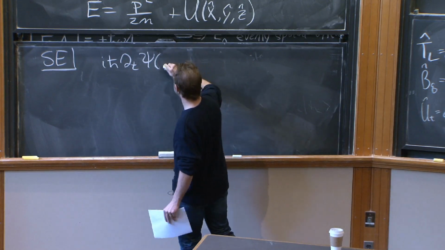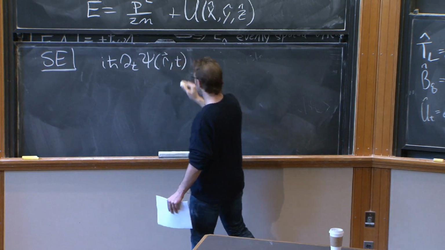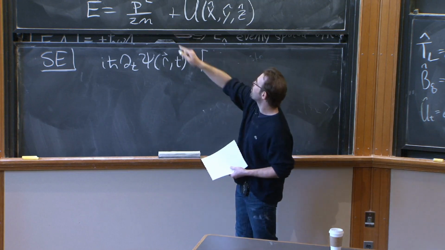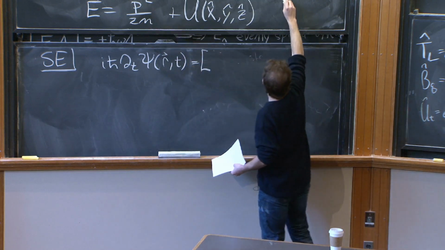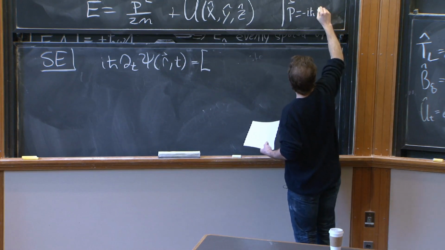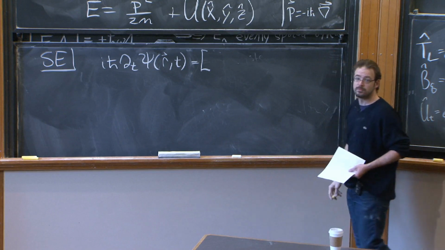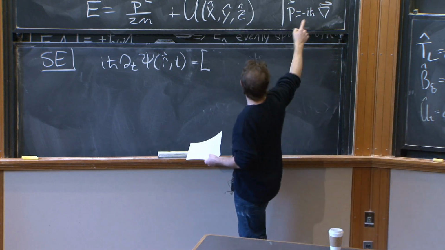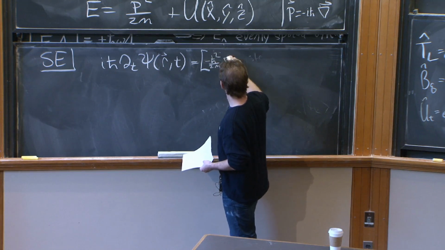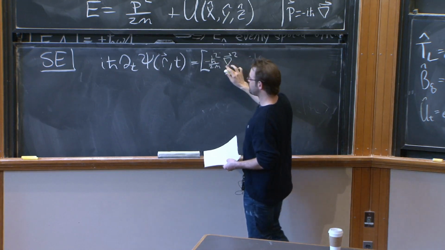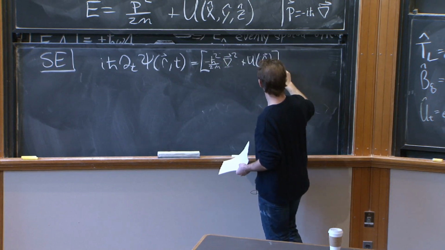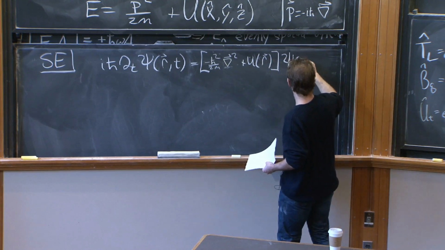So I'm going to write this as psi of r and t, where r denotes the position vector, is equal to the energy operator acting on it, and p is just equal to minus i h bar times the gradient. So this is minus h bar squared upon 2m, gradient squared, plus U of r, acting on psi of r and t.